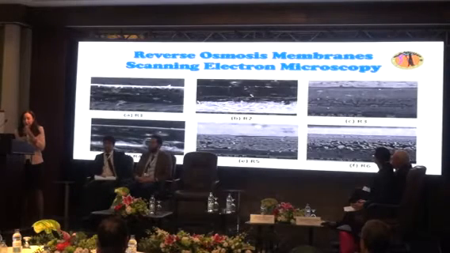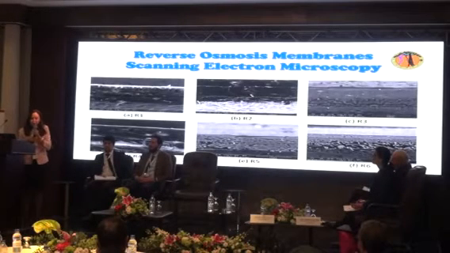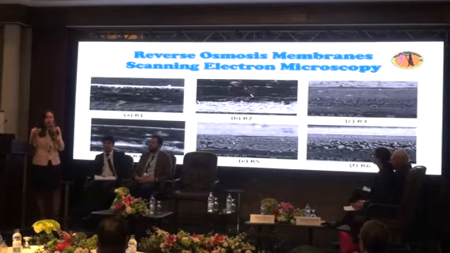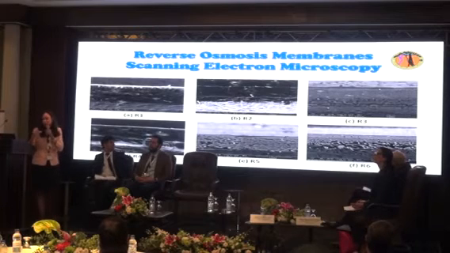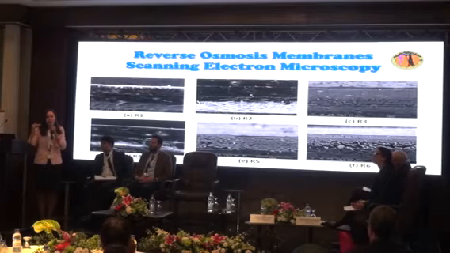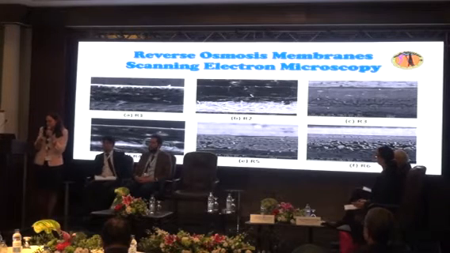Okay, and as I said, membrane number 4 gives me a great pore size, as small as I want for reverse osmosis, and also a higher density of pores, and the size that I want to reach for reverse osmosis membranes.